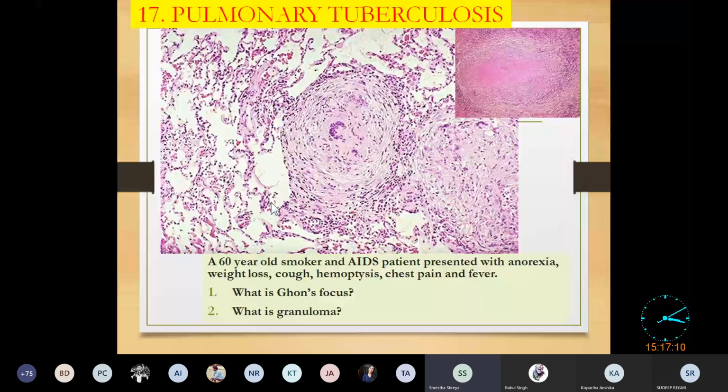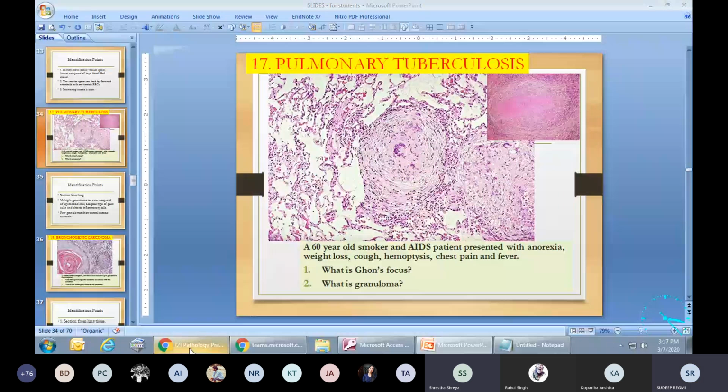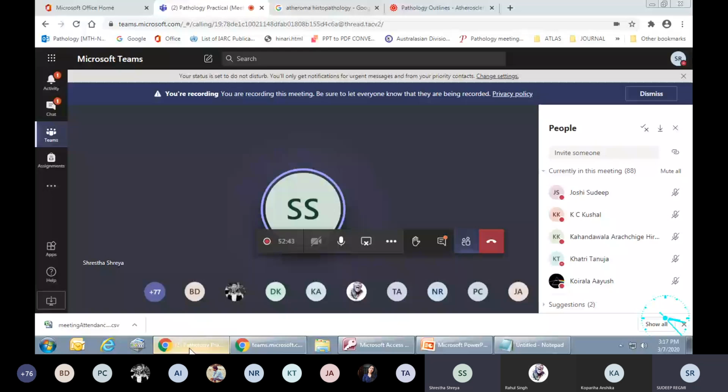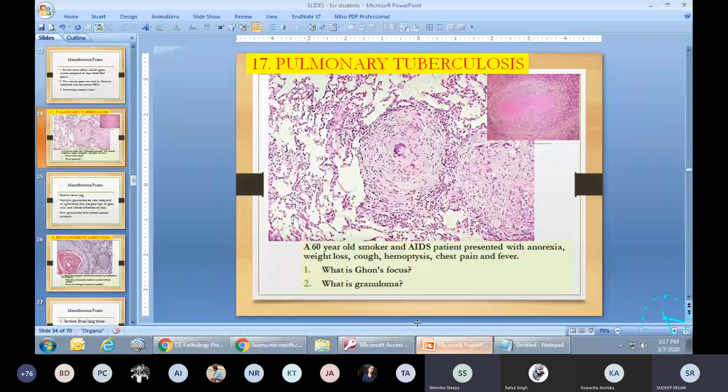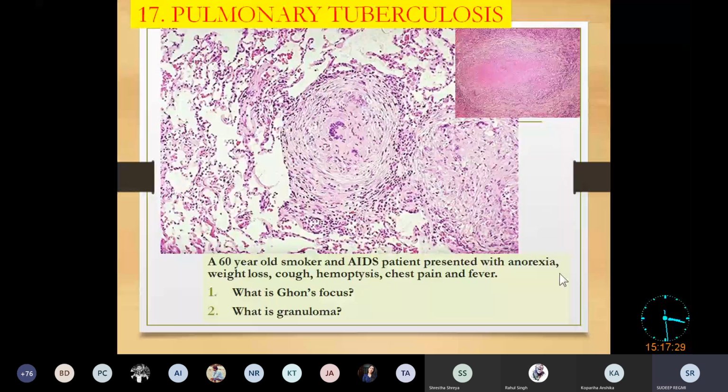It is the primary granulomatous focus in the lower part of the upper lobe or the upper part of the lower lobe of the lungs. So it is a granulomatous focus in the lung. Now, what is Ghon's complex?